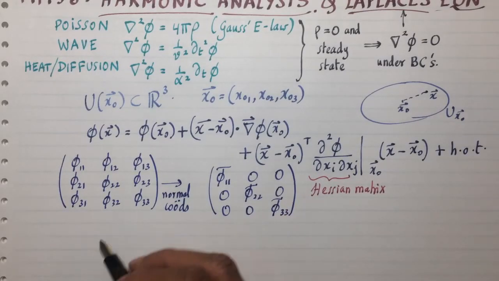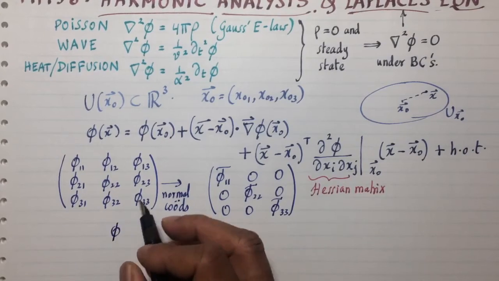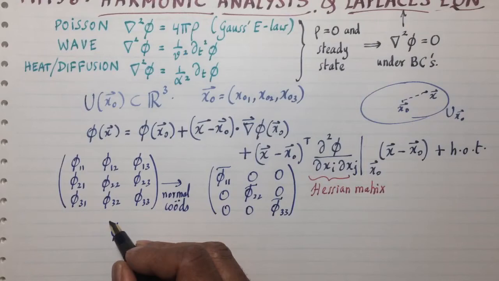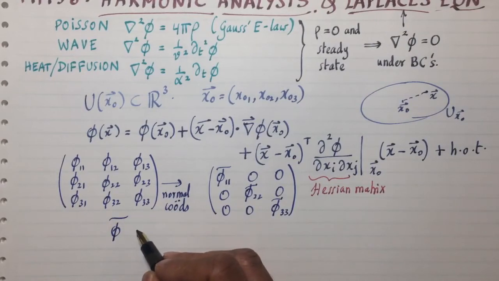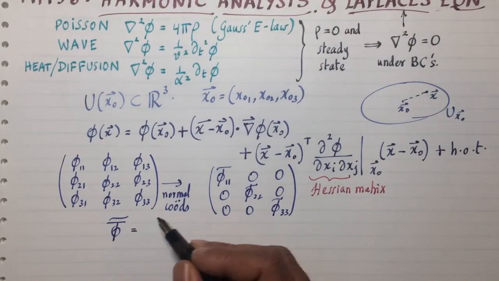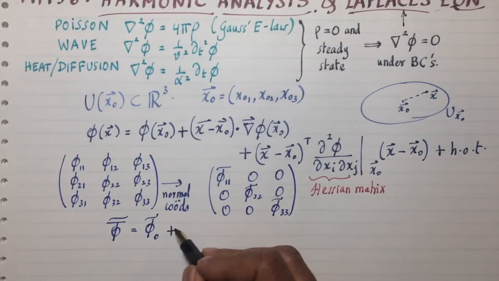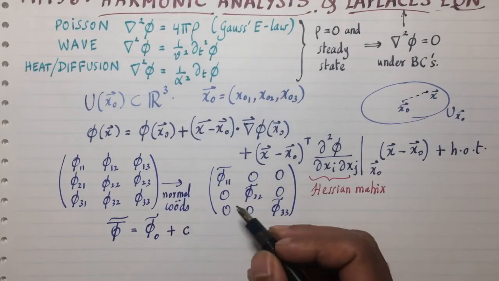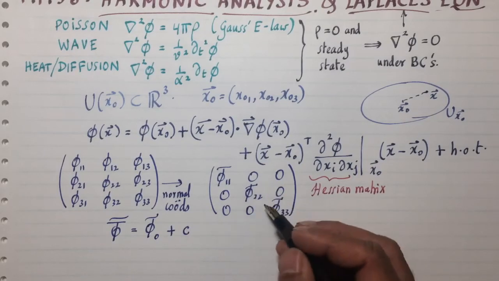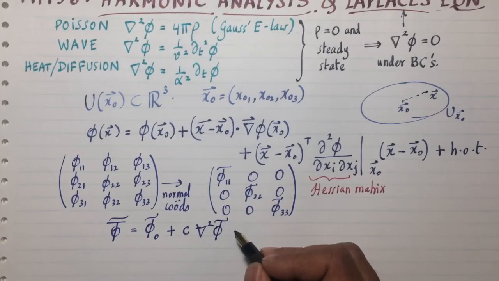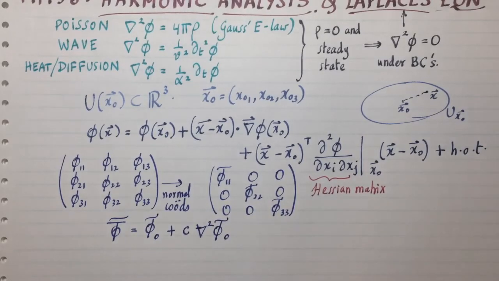So assuming we have found those tilde coordinates, I'm going to get the average value of this function, which I'll call phi tilde bar, is going to be phi tilde at the origin plus some constant c, which comes as a result of the normalizations, times the Laplacian of this phi tilde at the point 0, and the higher order terms can be neglected.